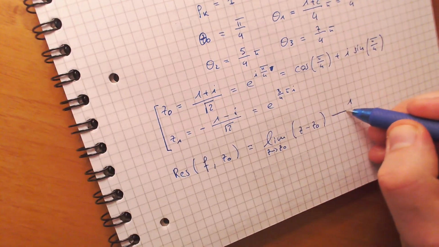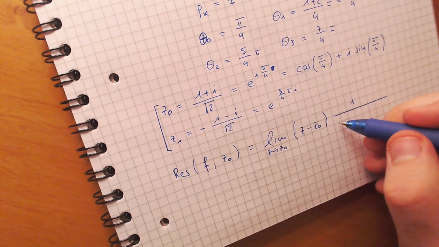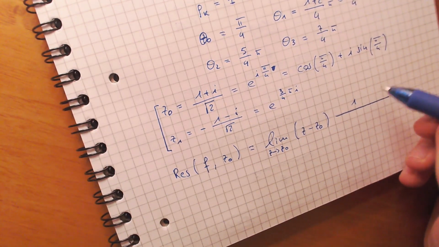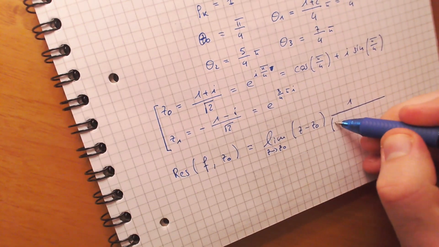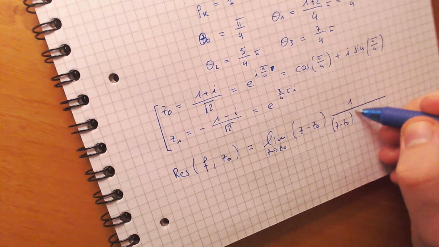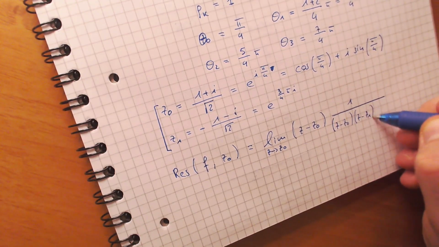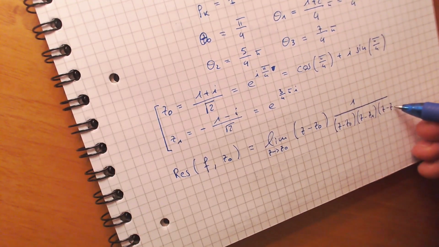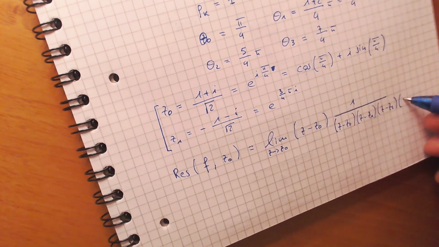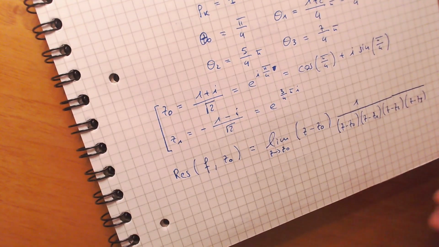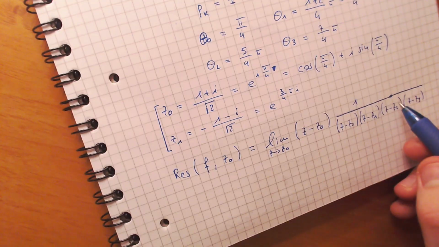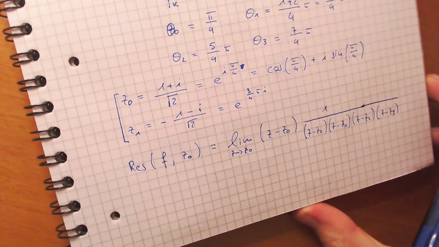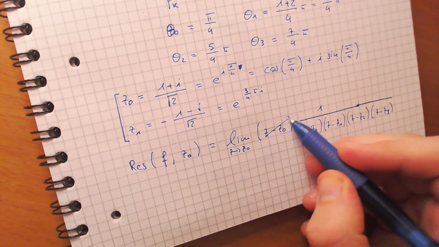But we know that f can also be written, since f was 1 over z to the 4 plus 1, as 1 over z minus z0, z minus z1, z minus z2, and z minus z3, where z0, z1, z2, and z3 are the 4 poles.